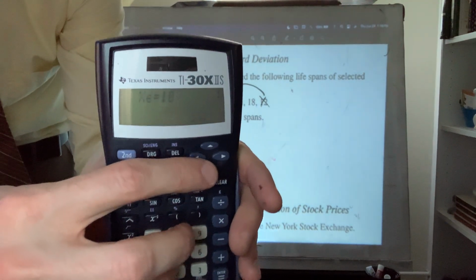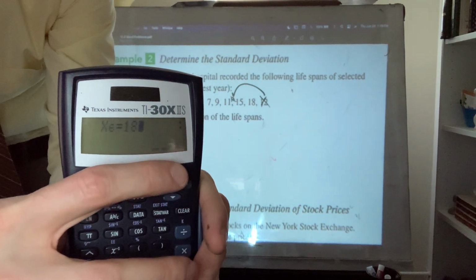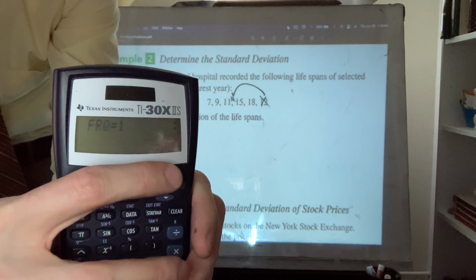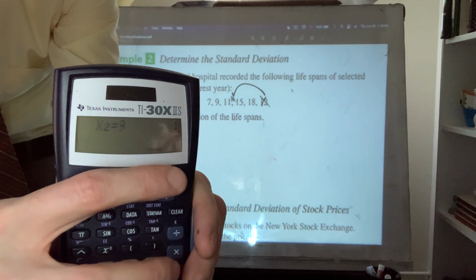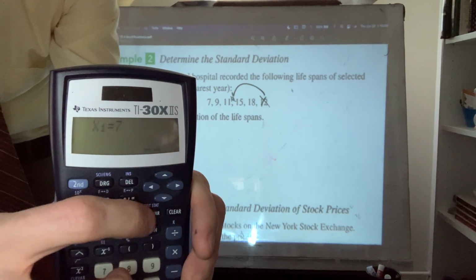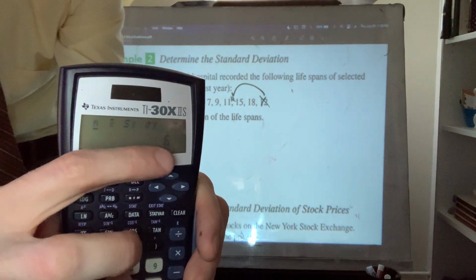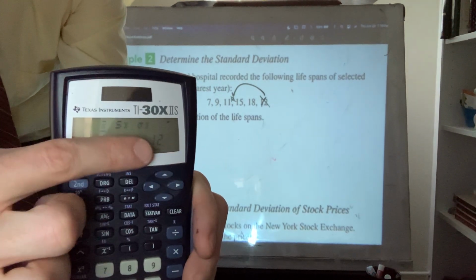Okay, so let's just verify because I'm doing it backwards here. 18 is the 6th piece of data, 15, 12, 11, 9, and it should be 7. Good. Now you hit stat var, you have 6 pieces of data. Here's the mean if you were interested, 15.